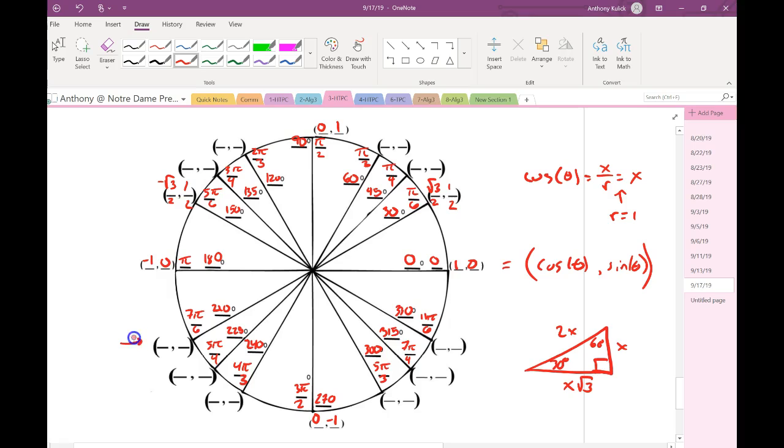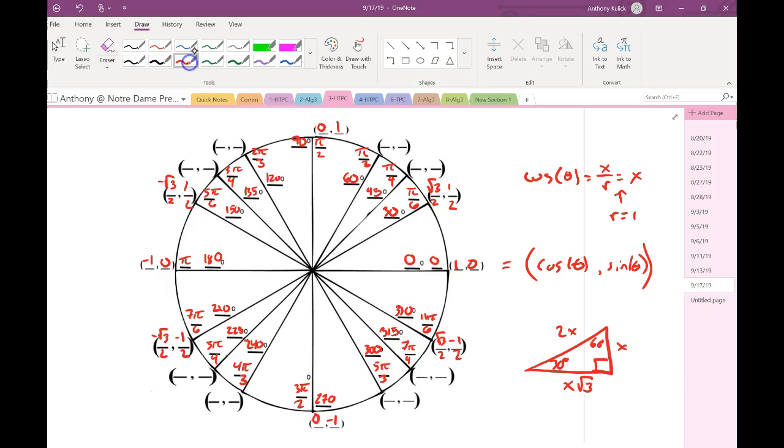In the third quadrant, that location is here, and both are negative. And in the fourth quadrant, that location would be here, where just the y coordinate is negative. Is everybody okay with what I did there?